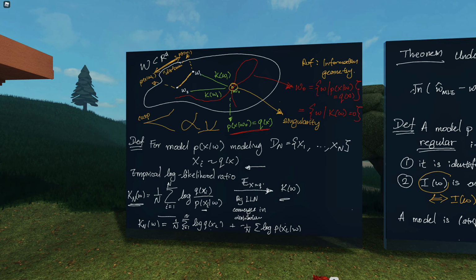And what I would say for now, and will be made rigorous and made clear, is that the geometry near singularity, let me be a bit hyperbolic and say that it determines learning behavior.